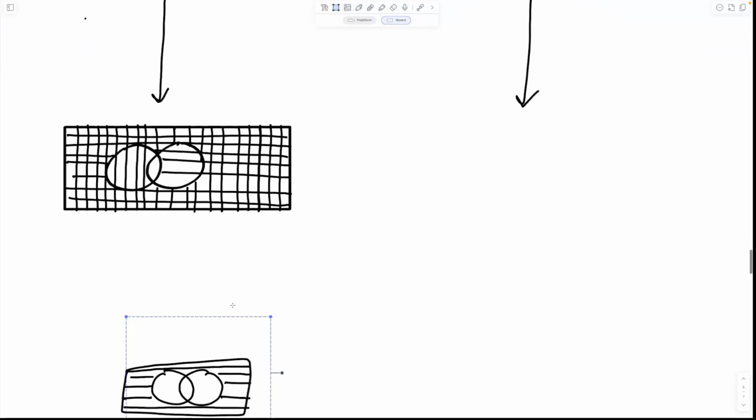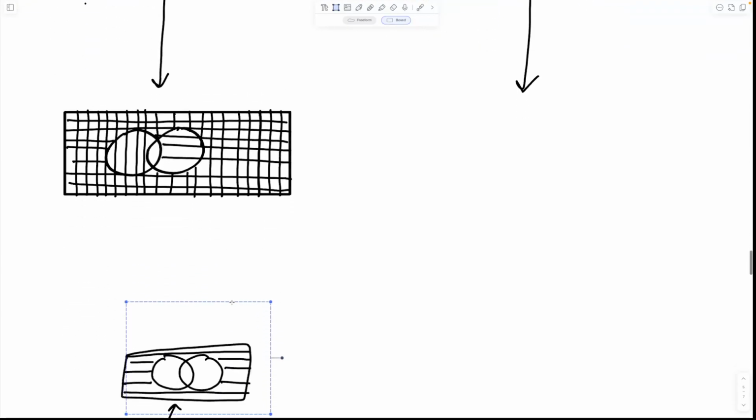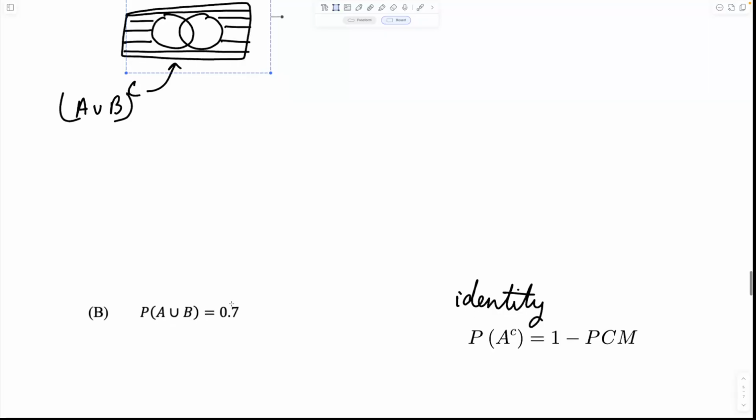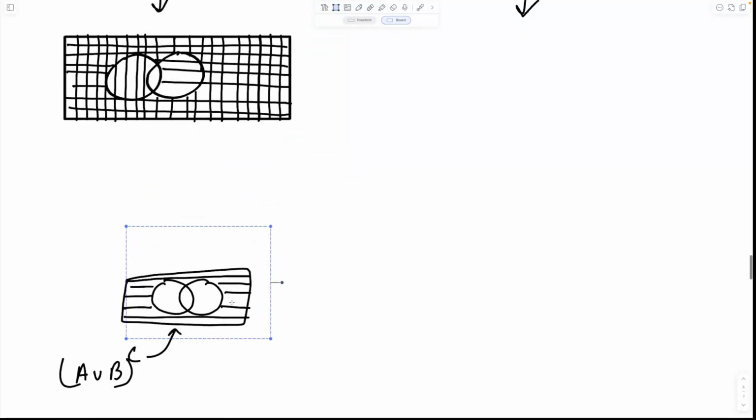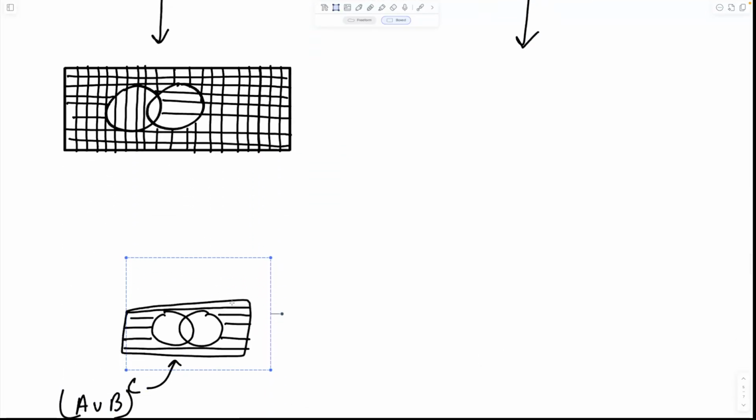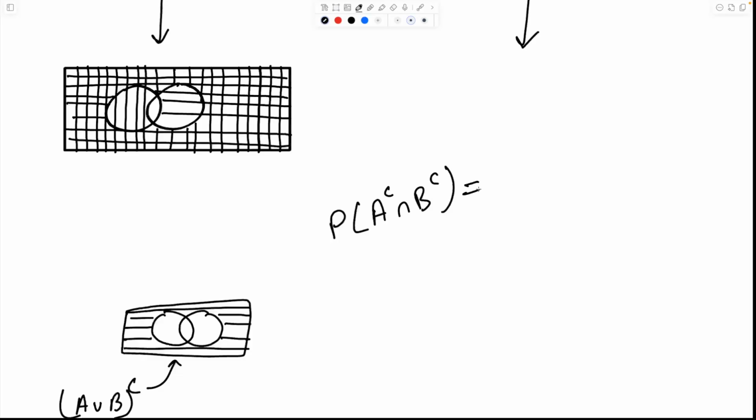The real answer for our question is that P of A complement intersection B complement is equal to the probability P of A union B whole complement. This is your basic answer.